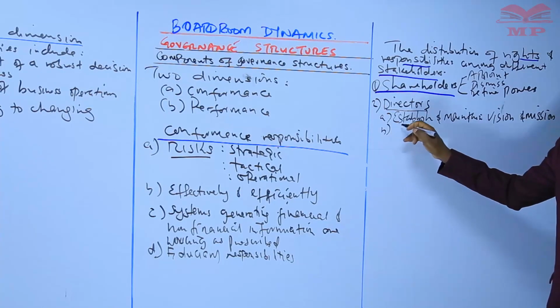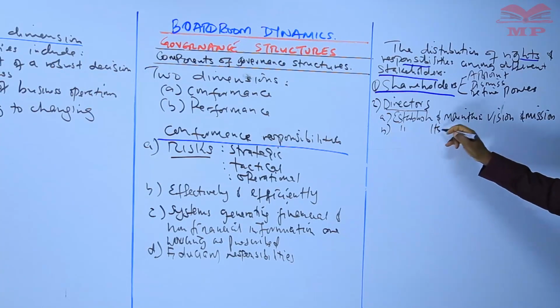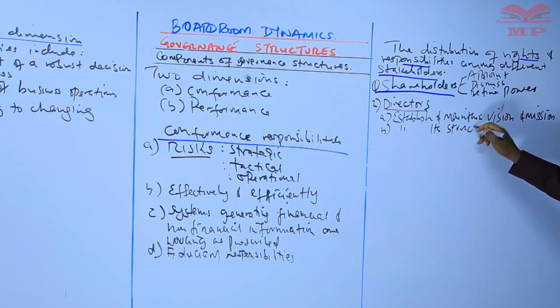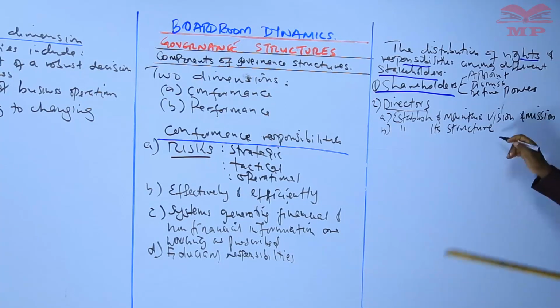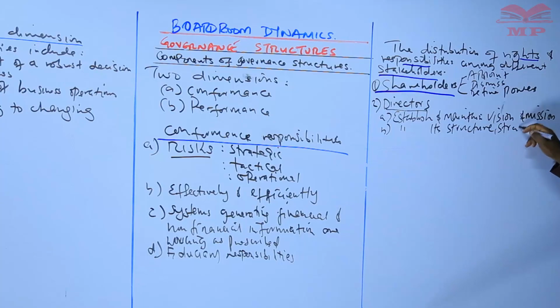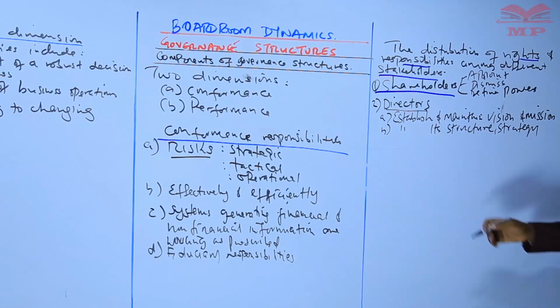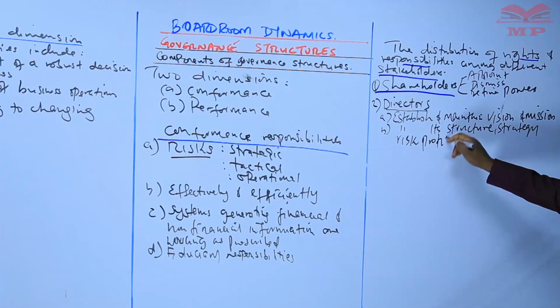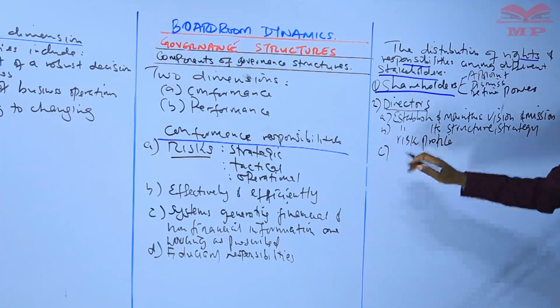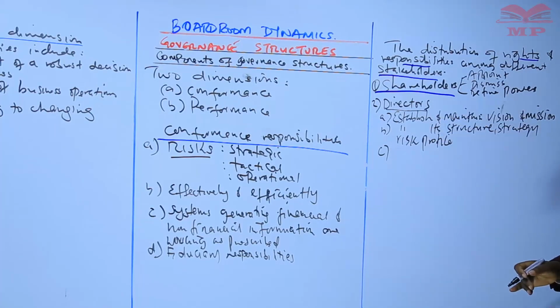B, to establish its structure. It is the responsibility of the directors to do what? To establish company structure, to establish company strategy, and risk profile. That is the responsibility of the directors.